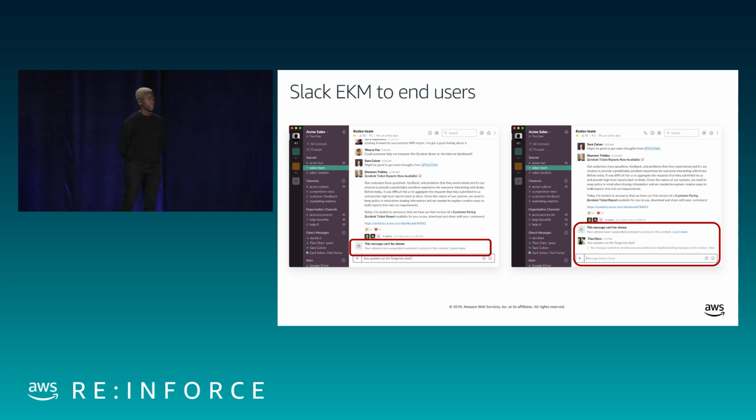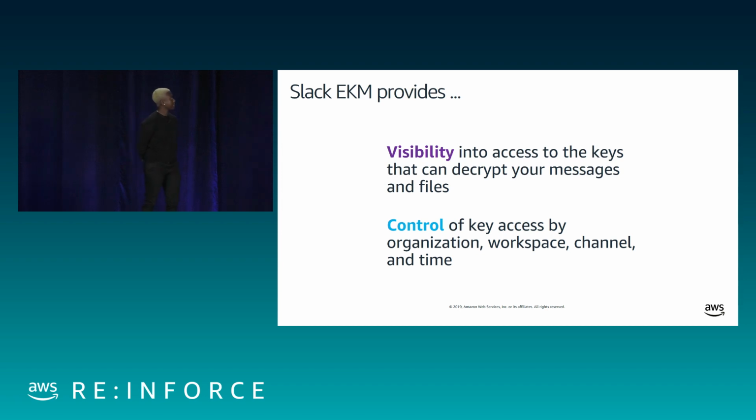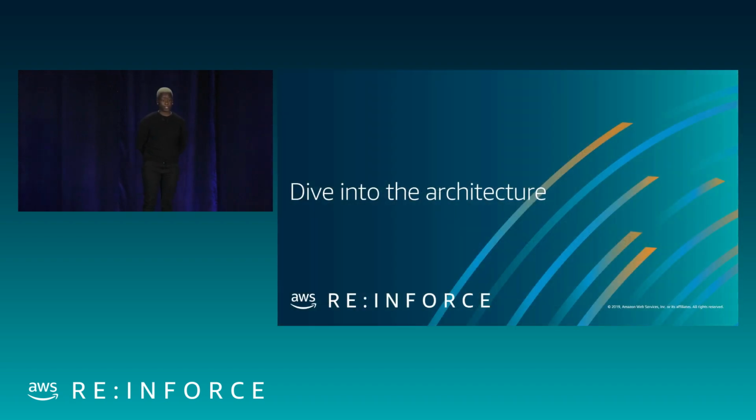This still allows users to go back and read old messages, but they just can't do anything for the particular hour that has been set. So Slack EKM provides visibility into the keys that are being used to encrypt and decrypt, and also control of that key access at the hour, channel, workspace, and organization level, sorry. And I'll go into more about how all this works a little bit later.